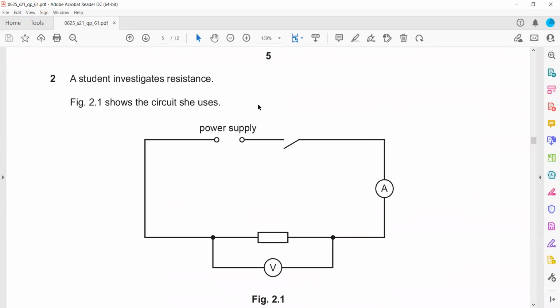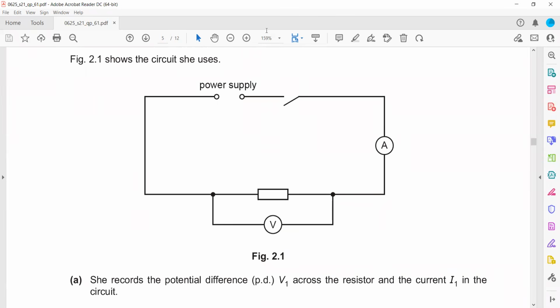Then this is question 2. A student investigates resistance. Figure 2.1 shows the circuit she uses. You can see there is a power supply, a switch, an ammeter to measure current, a voltmeter to measure voltage, and a resistance, because resistance is the ratio between voltage and current.